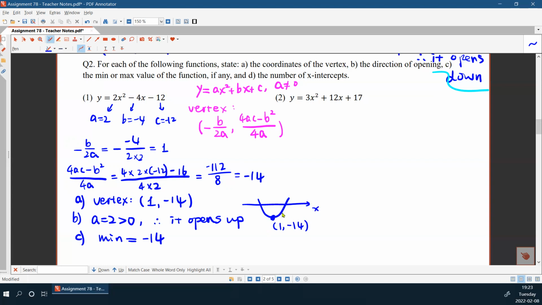If the vertex is below the x-axis, and it opens up, then it must have two x-intercepts, right? Okay, so for D, the number of x-intercepts is 2. Okay, any questions?